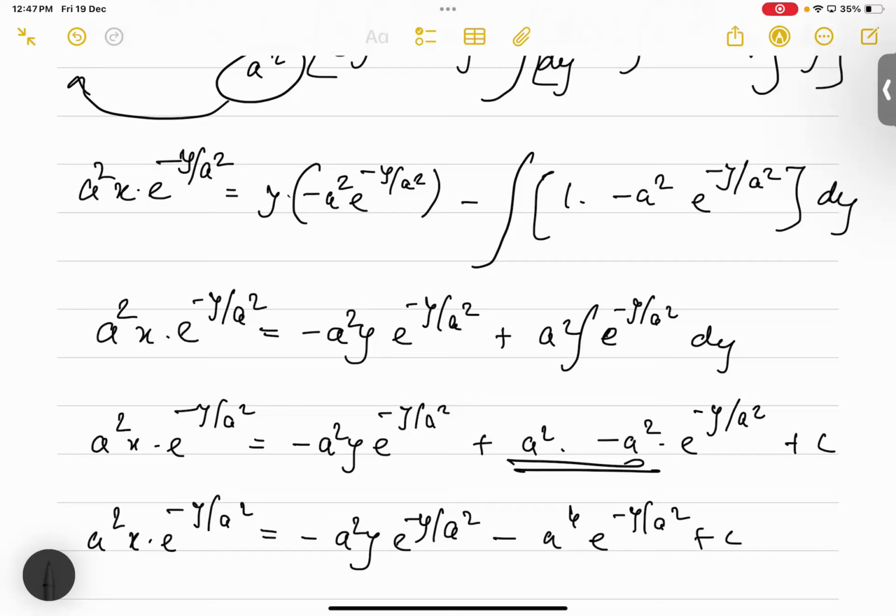Okay. In the revision, while I'm revising this, I'll be solving this problem using the method of substitution. You can try this using the method of substitution. It will be easier. That's what I felt.